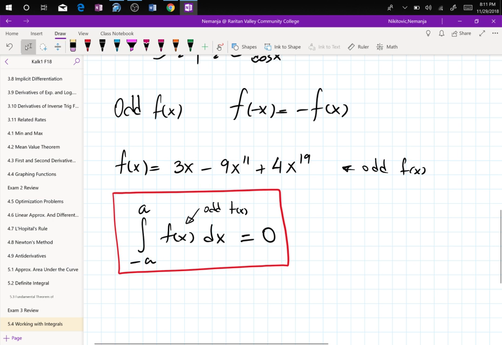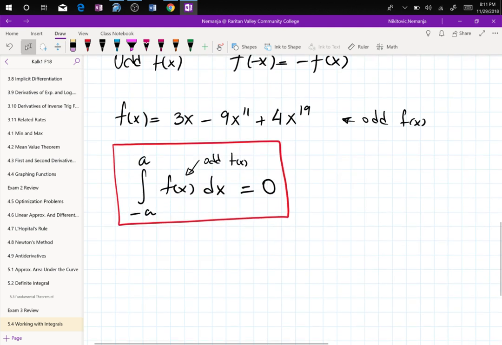So that's even and odd functions. But now we have more for the lecture, obviously. The average value.